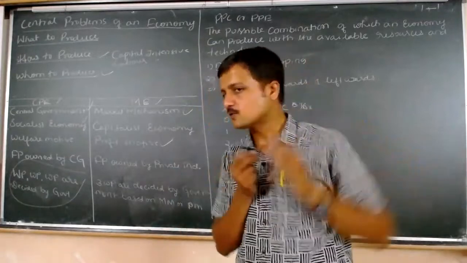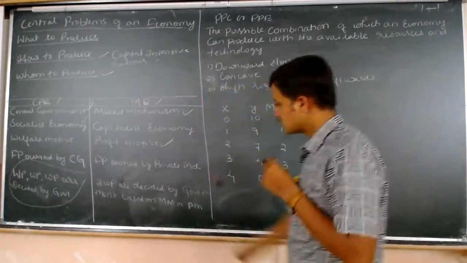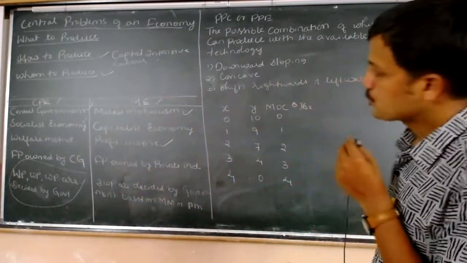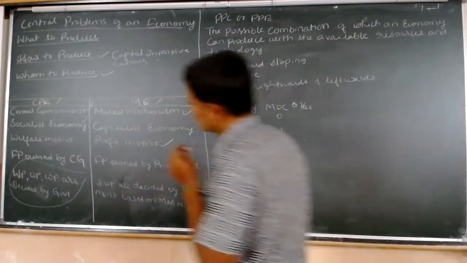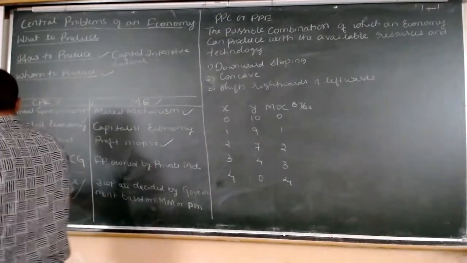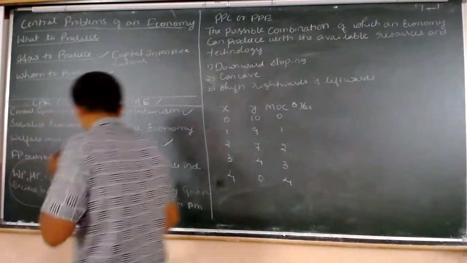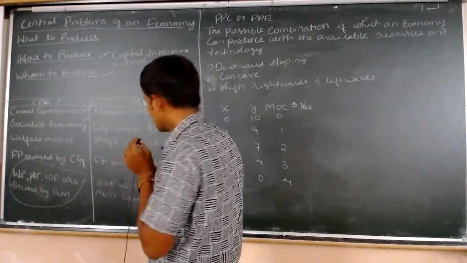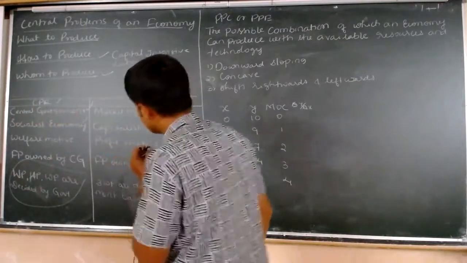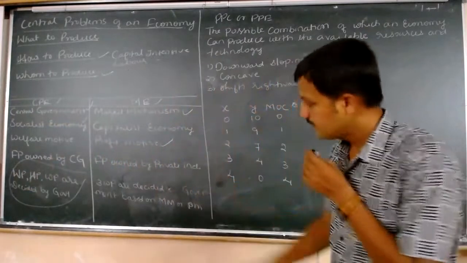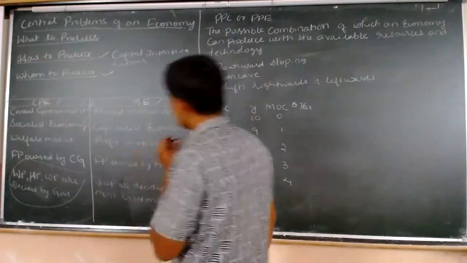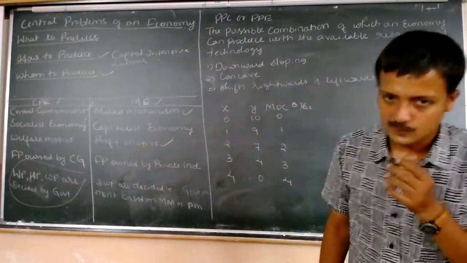Hope you have understood these things, and this I have already explained. That is the 3 WPs: what to produce, how to produce, and for whom to produce are decided by whom? The central government in case of a centrally planned economy, and private individuals in case of a market economy.